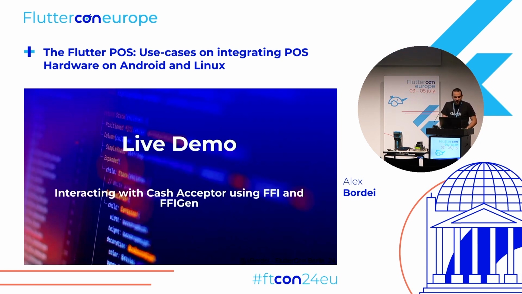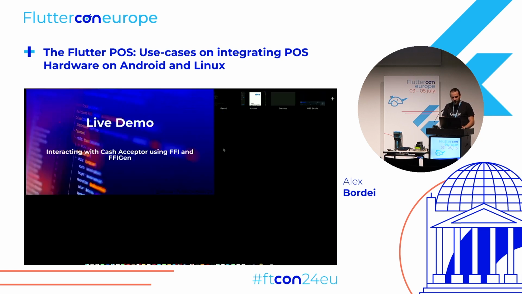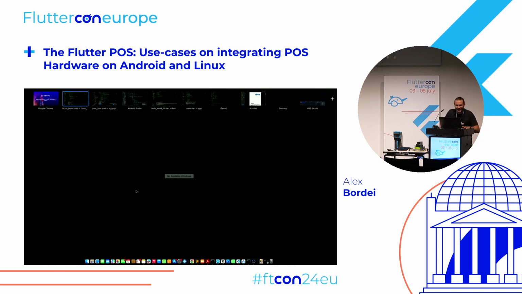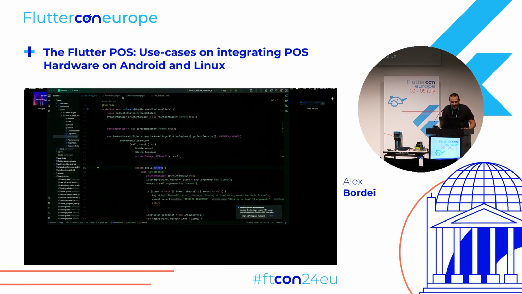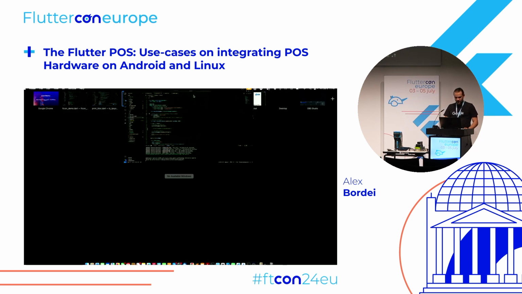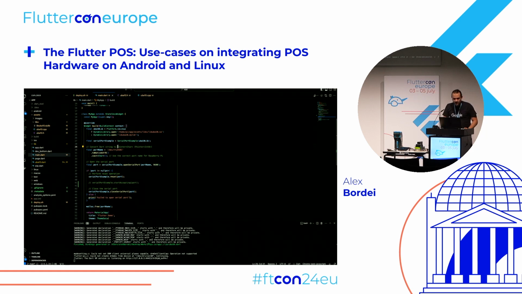The live demo, we do not have time for, but it is based on the same FFI with FFI generator that you need to research on your own. Let me show you just a little.